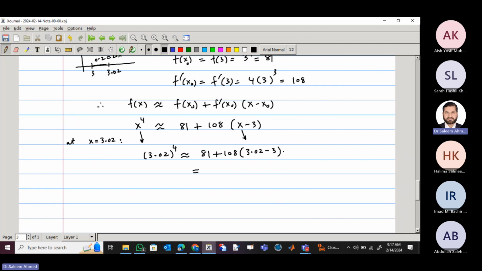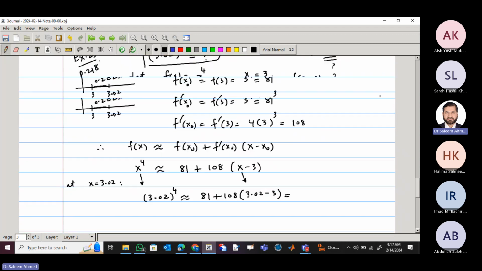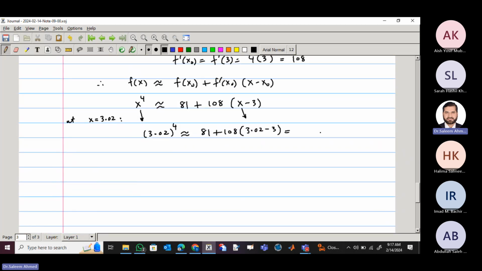This should be close to 83.1817. So this is 0.02, multiply 108 by 0.02, this becomes 2.16, plus 81, so that gives me 83.16.